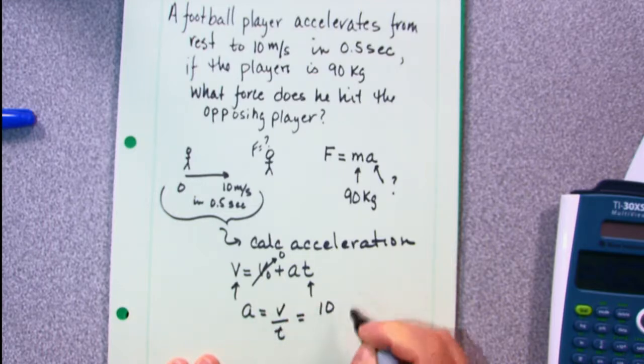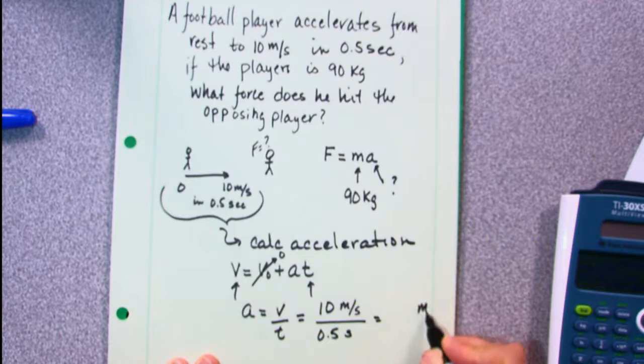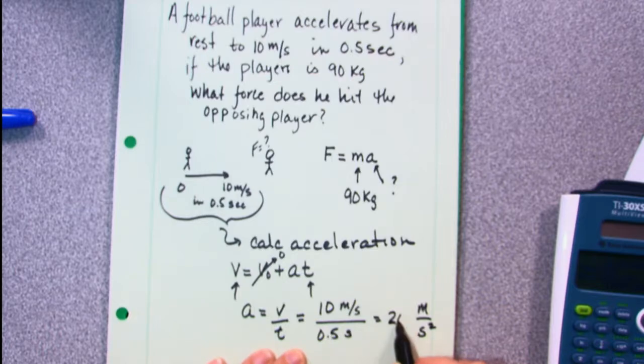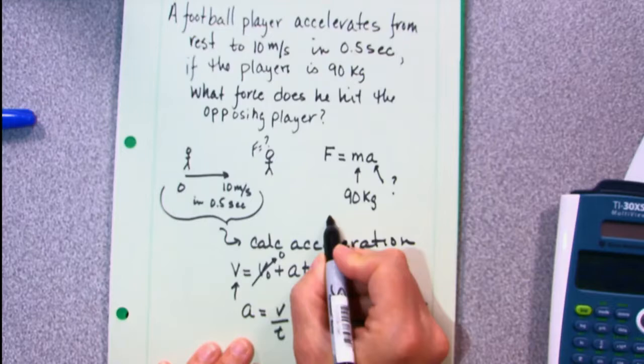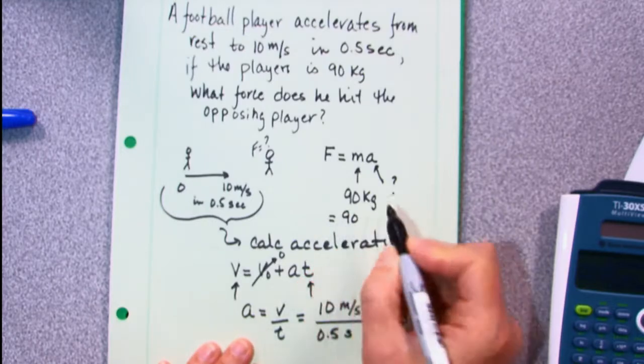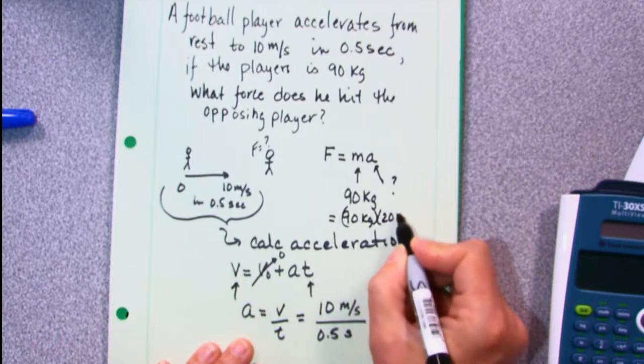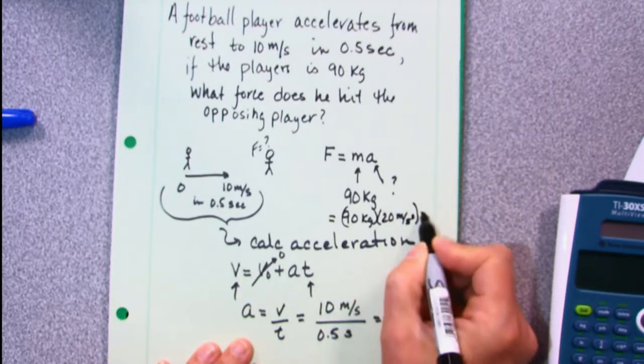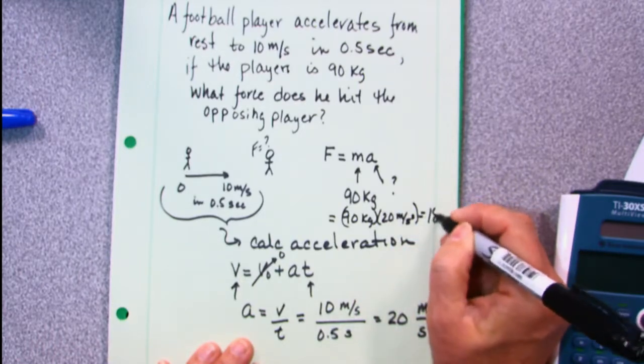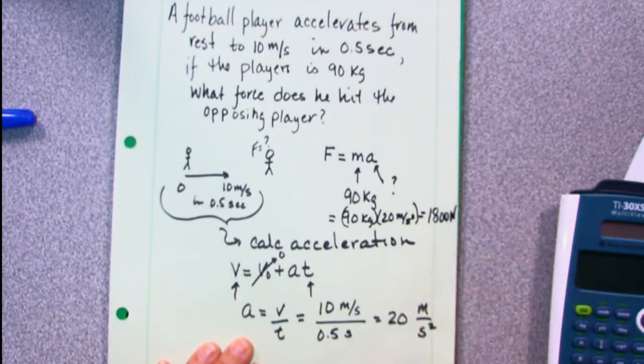This is going to be my 10 meters per second divided by my 0.5 seconds. It's going to give me meters per second squared, so life is good. This works out to be 20 meters per second squared. There's my 90 kilograms, my 20 meters per second squared. It's going to give me 1,800 newtons.